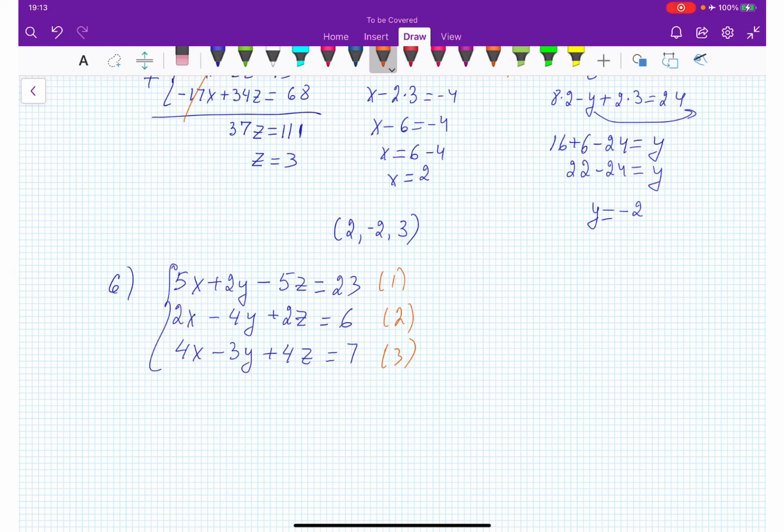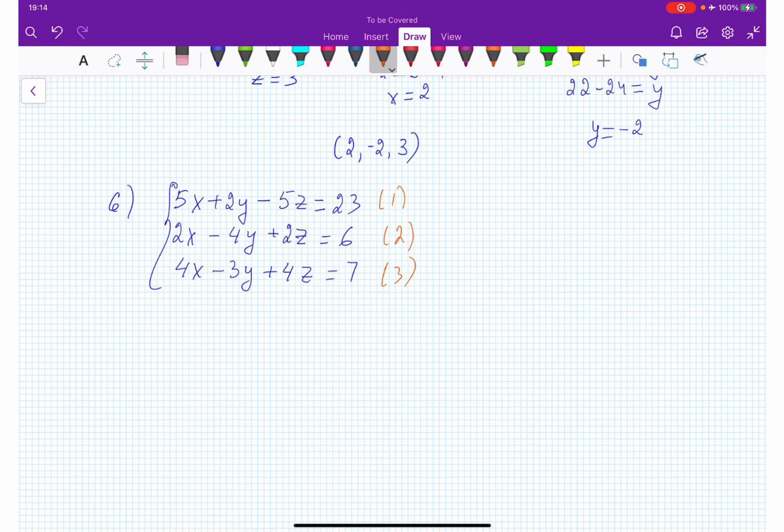So since we choose first and second often, this time let's work with second and third. I don't like the first one because look there, it's equal to 23. That's a nasty number to work with, a prime number. So let's choose second and third.